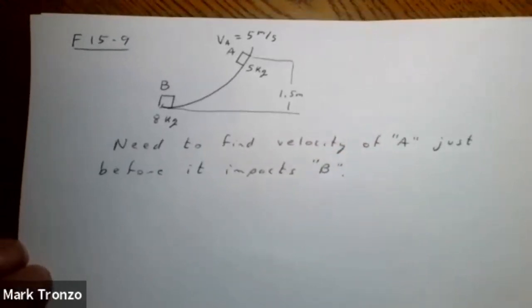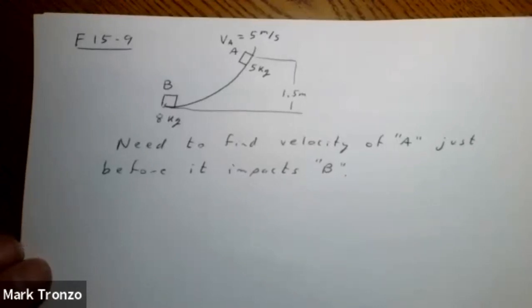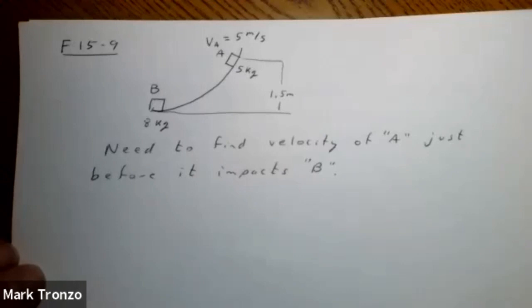So let's see, how could we do that? Does anyone have an idea how you would find that from stuff we did previously? Use conservation of energy. Good. Yeah, conservation of energy would work.